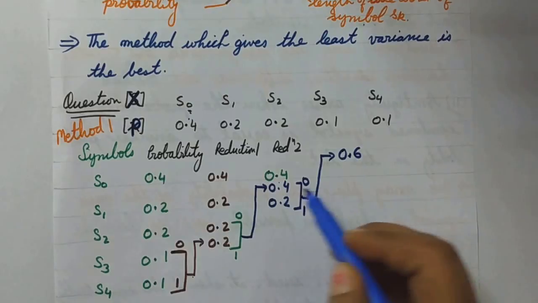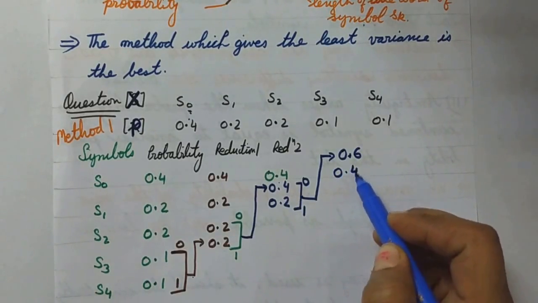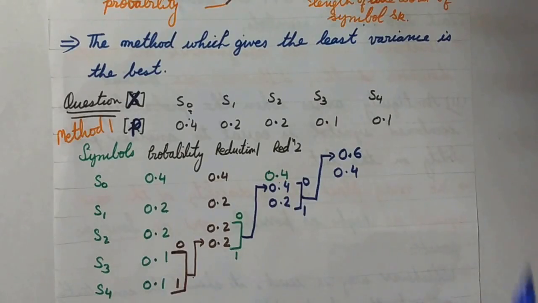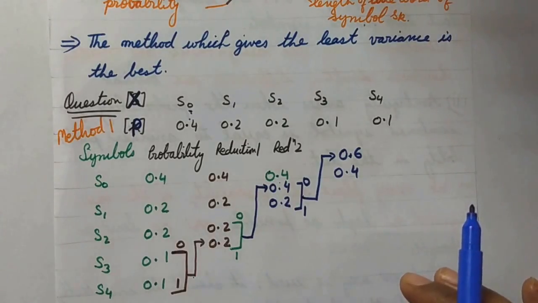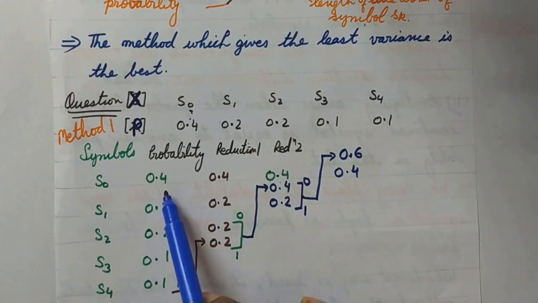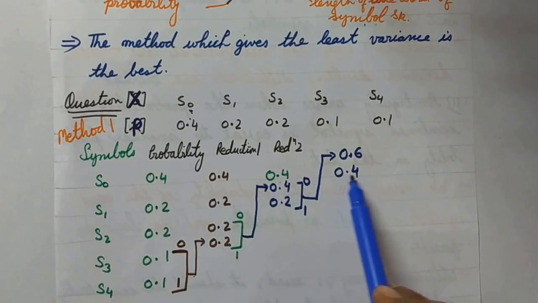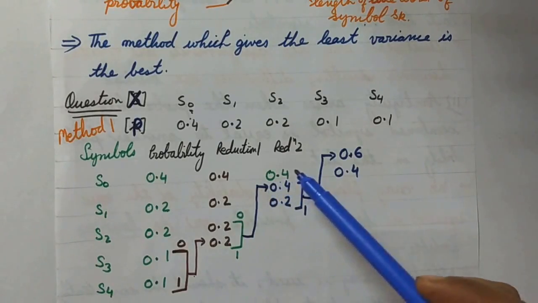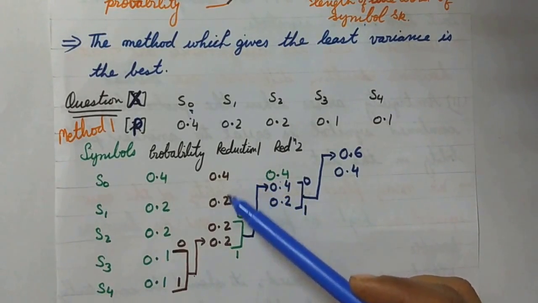0.6 and this 0.4. What I do in my technique is that whether I put the value as high as possible or as low as possible, I don't disturb the order of the probabilities. Like here, if I am writing 0.4, then 0.4 will come in the same line. I don't disturb it, because I put the values in between the spaces.